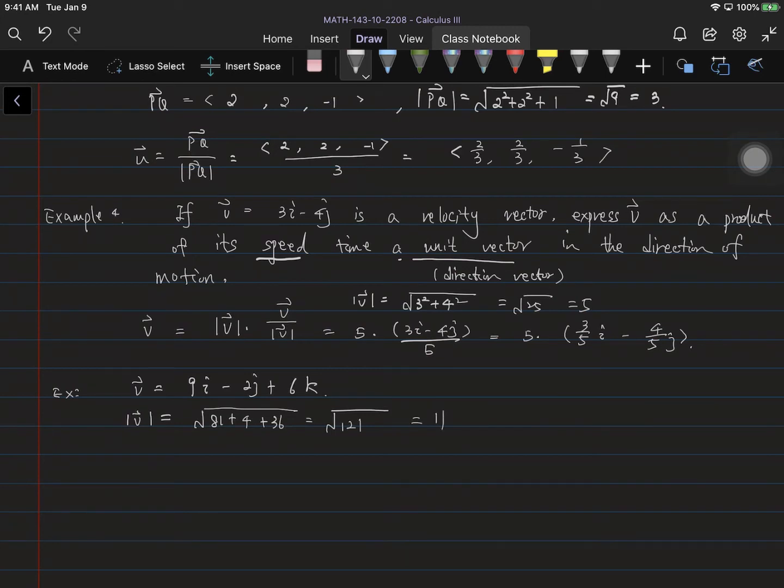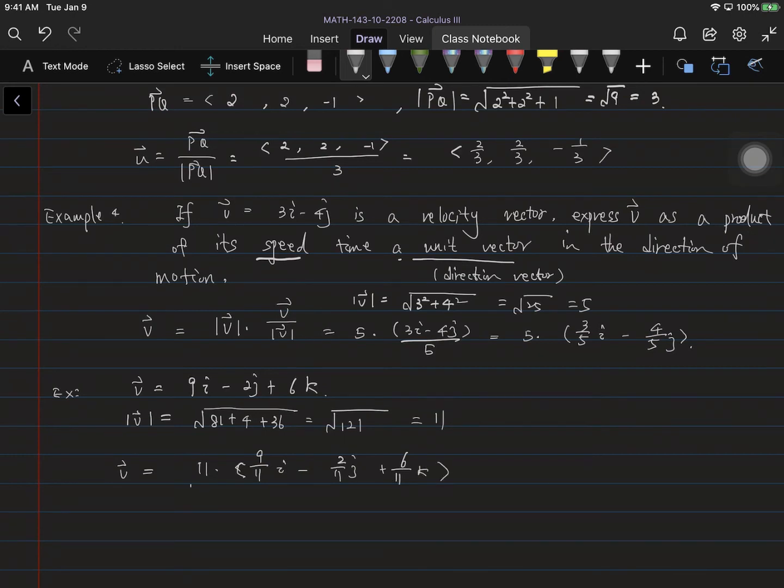Okay, so the vector equals the speed, which is 11, times 9 over 11 i, minus 2 over 11 j plus 6 over 11 k.